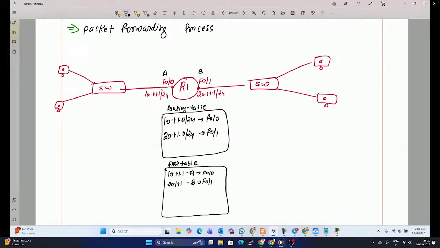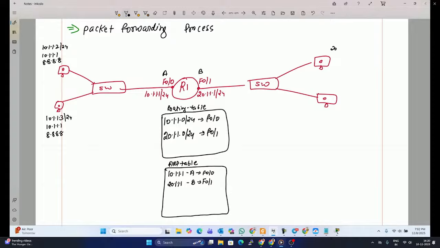Then users are having IP addresses. Either the users are having static IP addresses or dynamic IP addresses, but the users are having IP addresses here. 10.1.1.2/24, default gateway is 10.1.1.1, DNS 8.8.8.8. 10.1.1.3/24, the default gateway is 10.1.1.1 and DNS is 8.8.8.8, let's say.